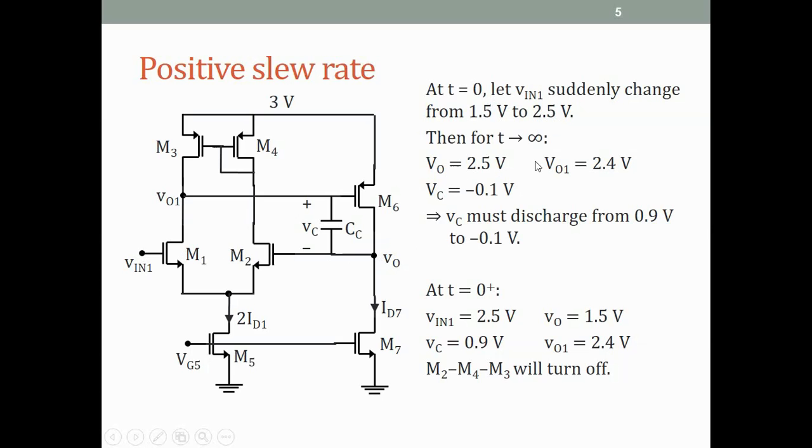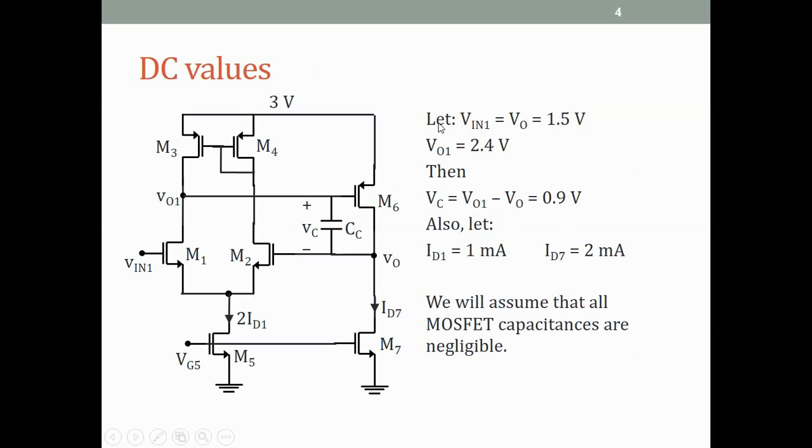As we said earlier, we'll assume that VO1 stays at 2.4 independent of the input. So we have 2.4 and 2.5. So VC, which will be VO1 minus VO, which is 2.4 minus 2.5, so minus 0.1 volt. For t less than 0, VC was 0.9 volts.